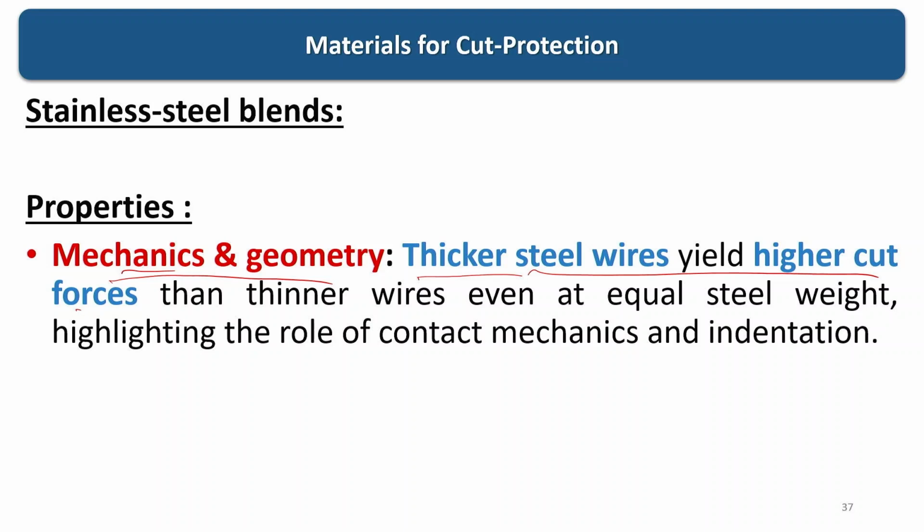In different types of machines where the cut threats are high, in that case we use thicker wires, because thicker steel wire yields higher force than thinner wires, even at equal steel weight, highlighting the role of the contact mechanism and indentation.